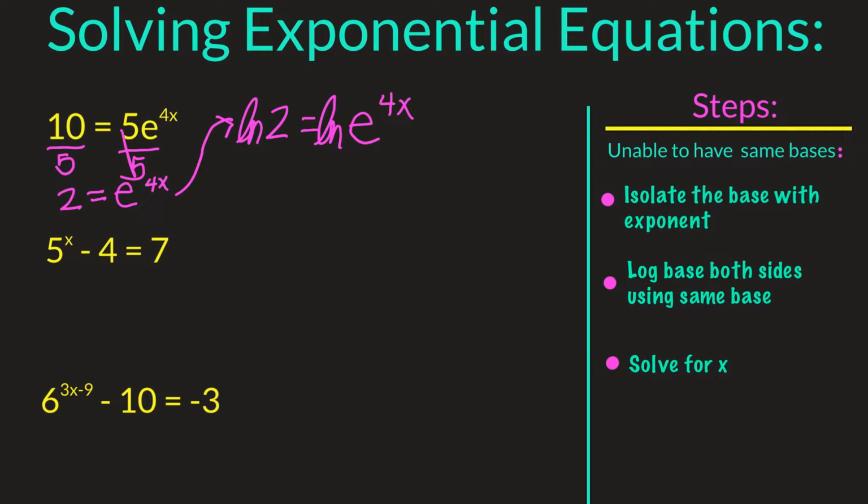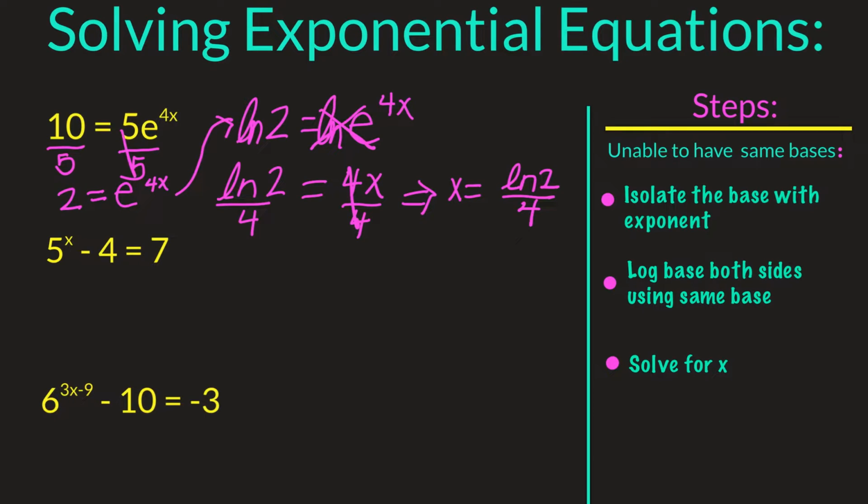What that's going to do is cross off this part, and so we have ln of 2 equals 4x. Then we want to solve for x. To solve for x, I would have to divide by 4. So we have x equals the natural log of 2 divided by 4.